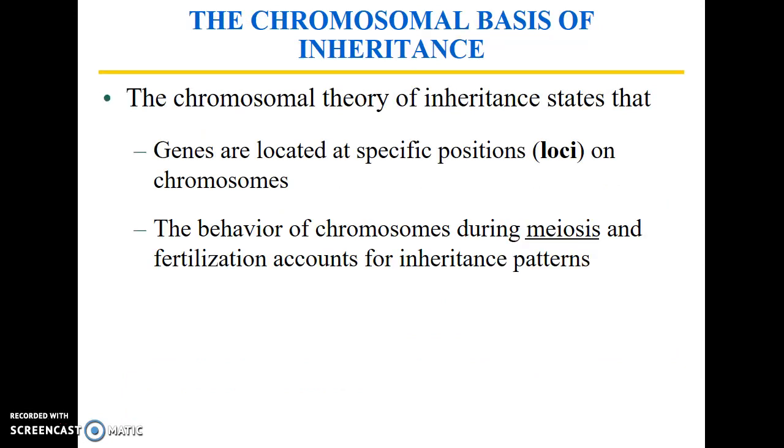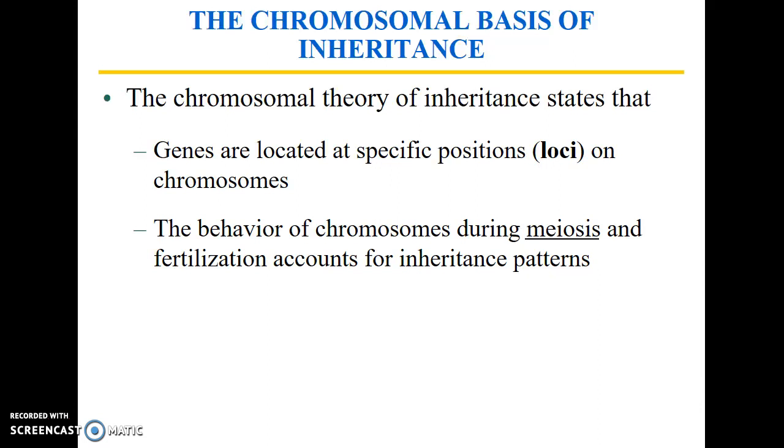So let's talk a little bit more about traits and where they're actually located within the chromosomes of DNA. This is the chromosomal theory of inheritance, and it states that genes are located at specific positions. These are known as loci, plural, or a locus would be the singular form.